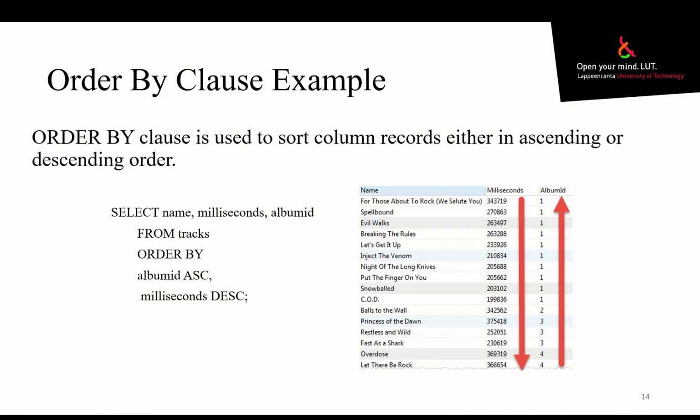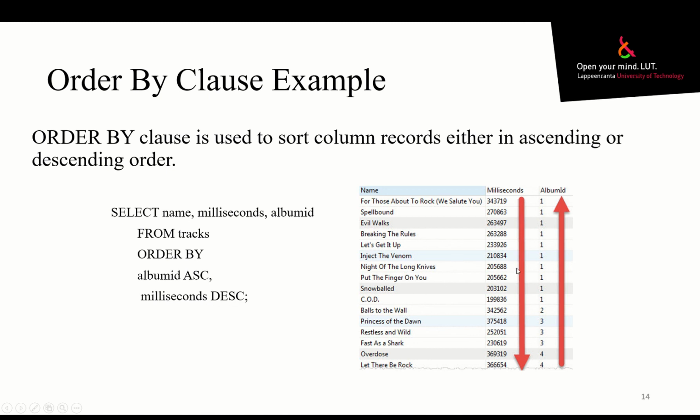So this is an example of that. Let's say we select name, milliseconds, and album ID from tracks, and we order by album ID in ascending order and milliseconds in descending order. You can see from the display here that it shows the name and the album ID, which is in ascending order, as you can see, and the milliseconds here are in descending order.